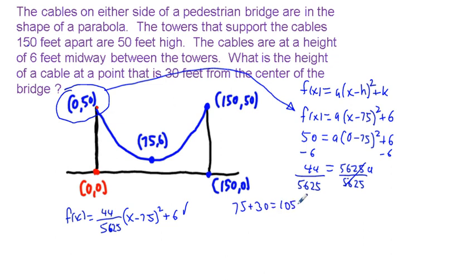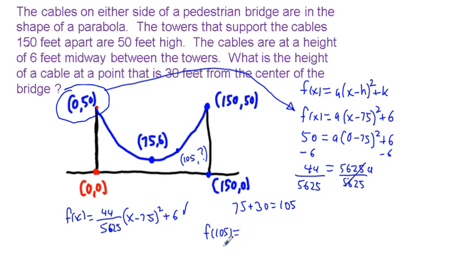So 105 feet out, what is that height going to be? It's going to be 105, comma, question mark. So we're going to plug in 105. We'll say f of 105 is going to be equal to our answer.